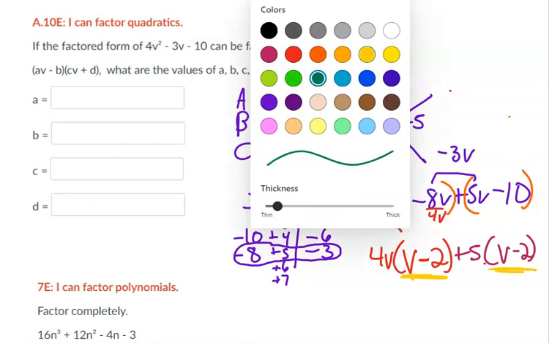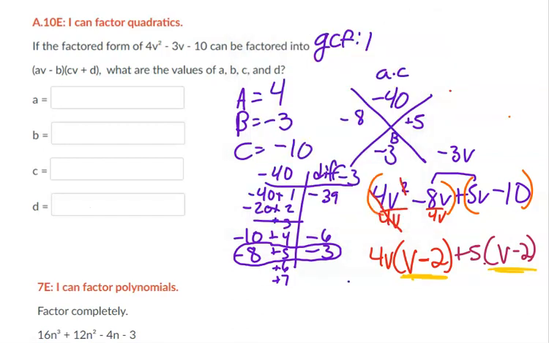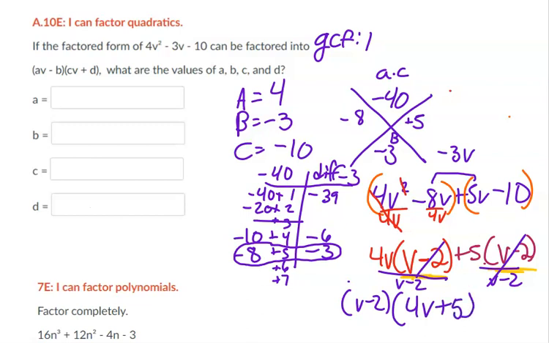We could take that out of the whole thing. So if we divide by v minus 2, those all cancel, and you're left with 4v plus 5. So right here, a would be 1, b would be 2, c would be 4, and d would be 5.